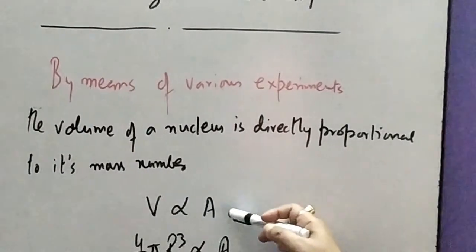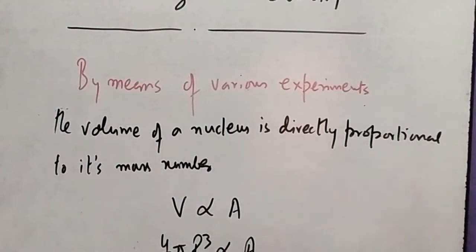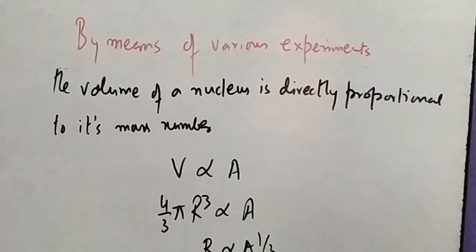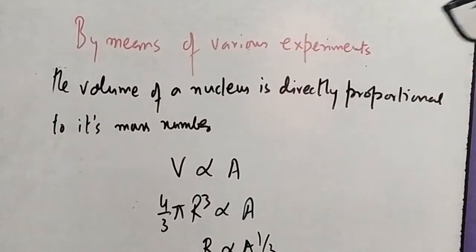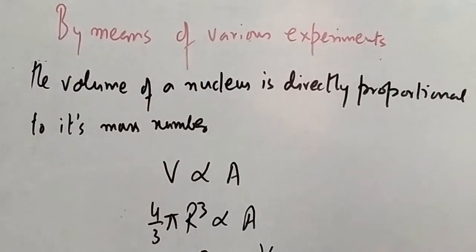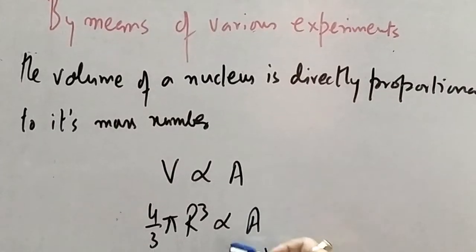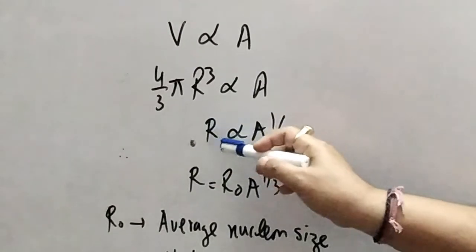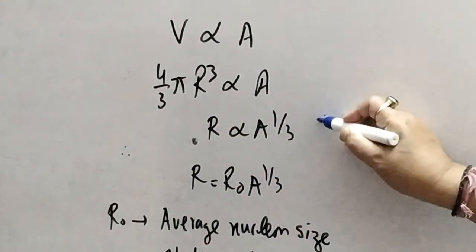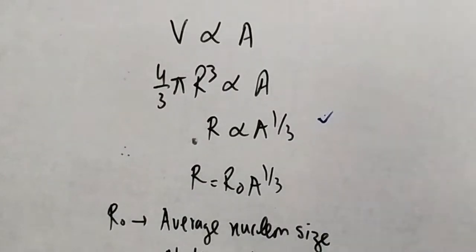That is, V is proportional to A. As we have said, it is spherically symmetric, and therefore it must have certain volume 4/3 pi r cube, and that is proportional to A, or in general R is proportional to A to the power 1/3.